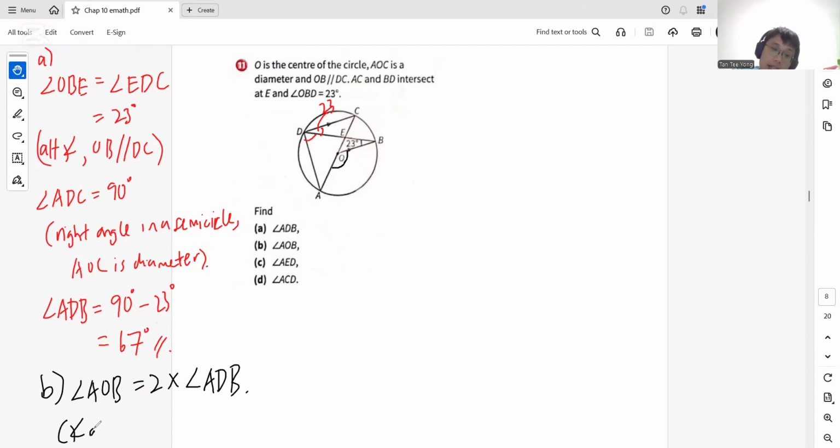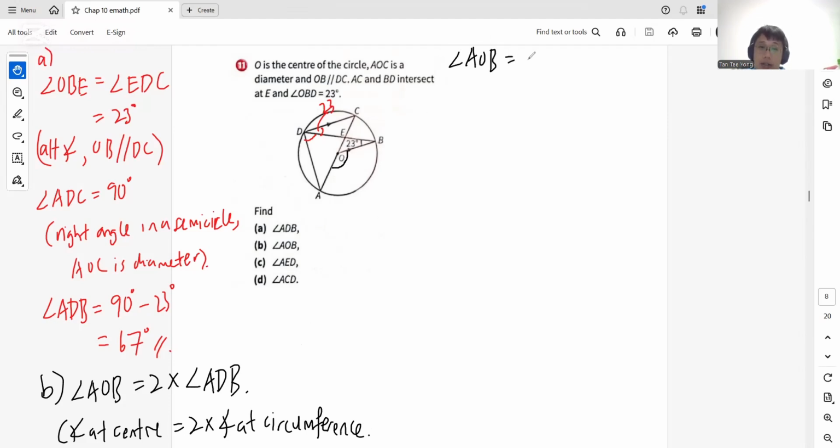Because angle at center equals 2 times angle at circumference. So angle AOB is equal to 67 degrees times 2, which is 134 degrees. Okay, so this is 134 degrees.